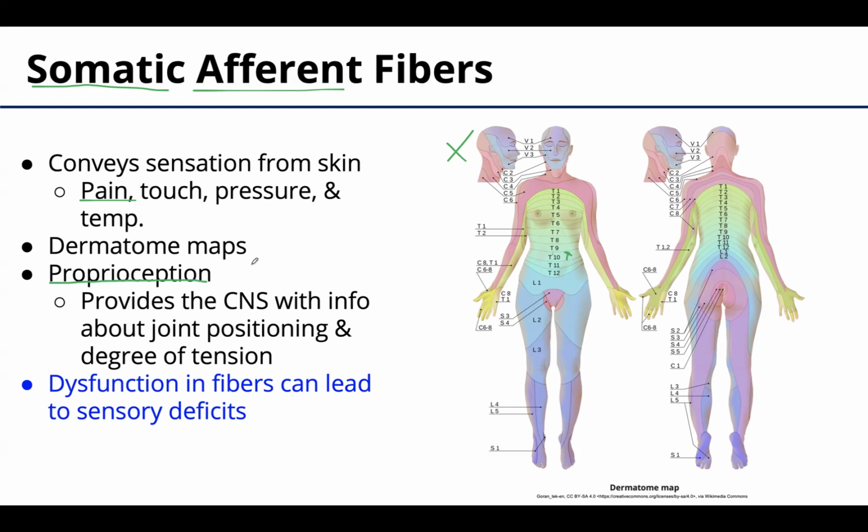So this is independent of visual input, working in conjunction with the vestibular apparatus of the inner ear. So this is an important concept that is a little difficult to understand, but really important in terms of allowing for appropriate movement with the somatic efferent fibers.